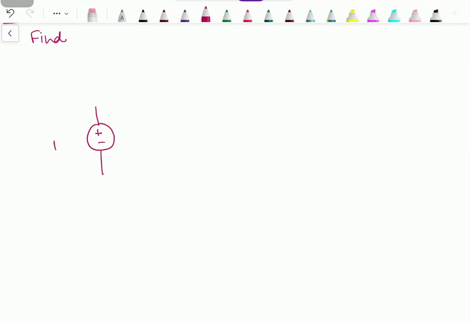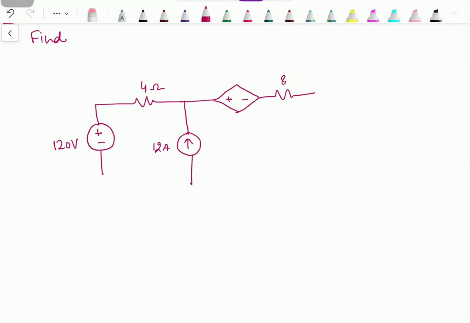Firstly, we have an independent voltage source, then an independent current source, here we have a dependent voltage source, then an independent voltage source again.